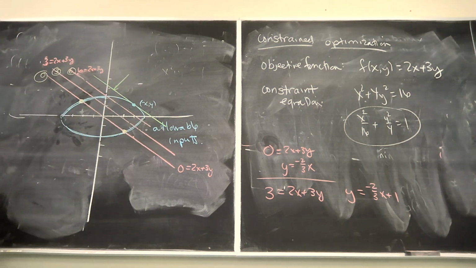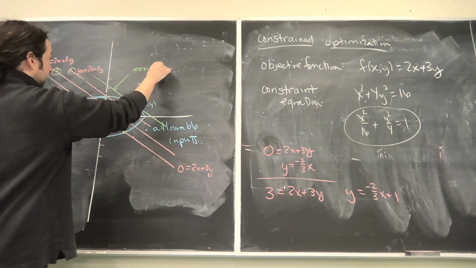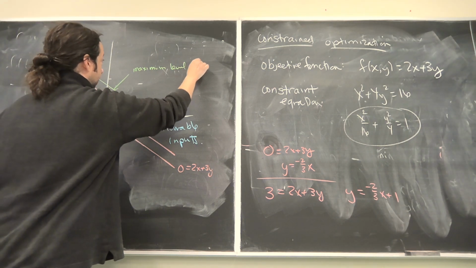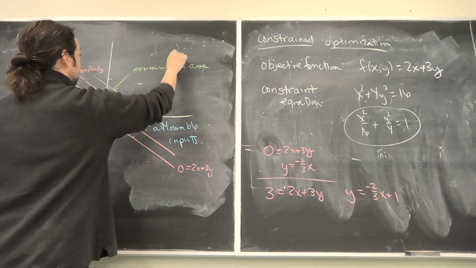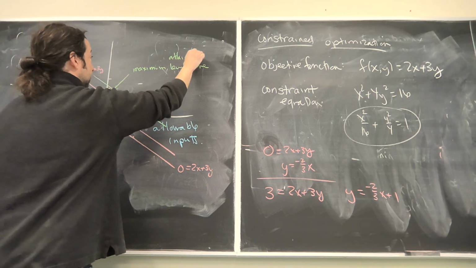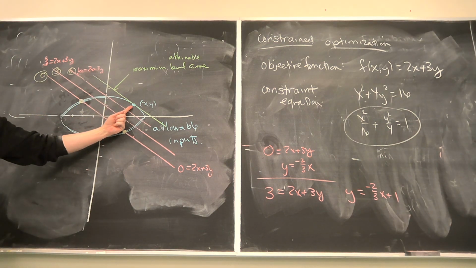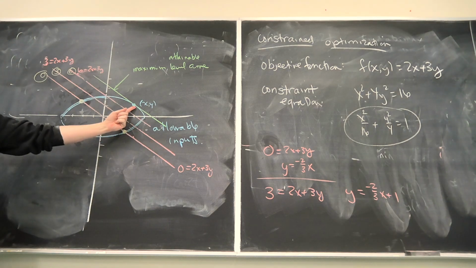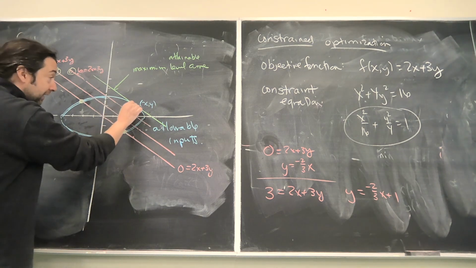Whatever value that happens to have, this is the maximum level curve. Maximum attainable. Right? I can reach this level curve because there's a single point on my allowable inputs that actually sits on that level curve. So this is an attainable point. I can find that point right there.